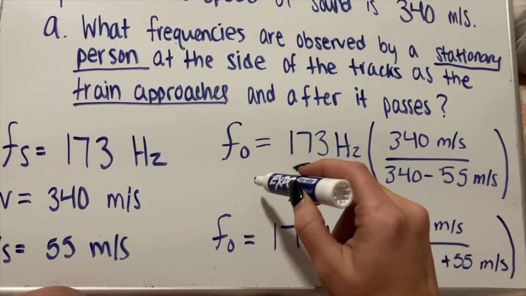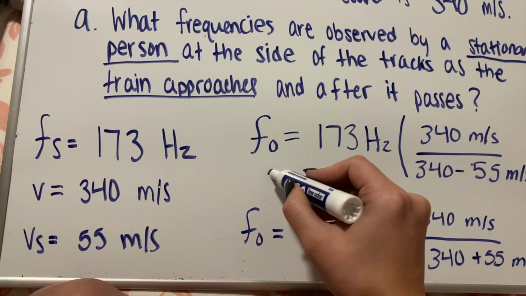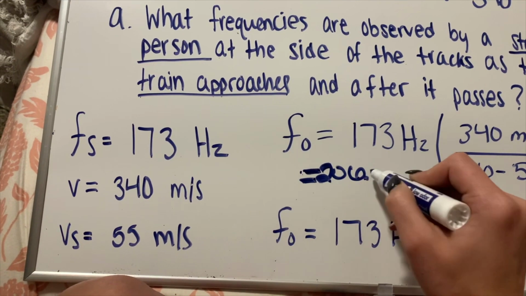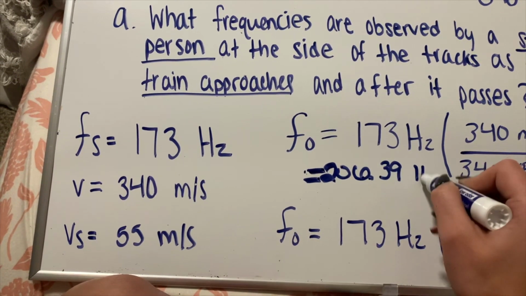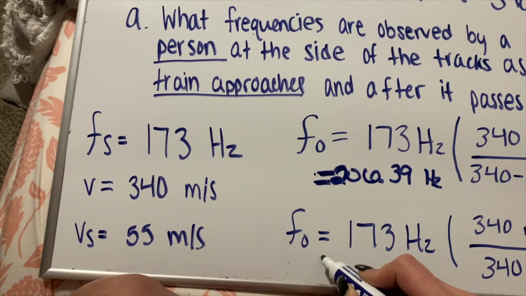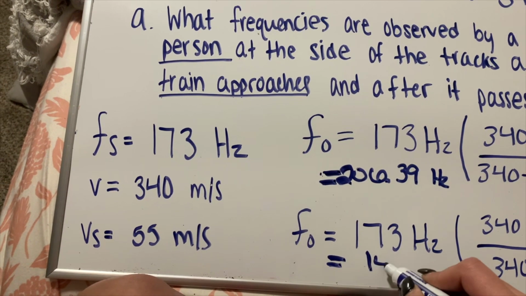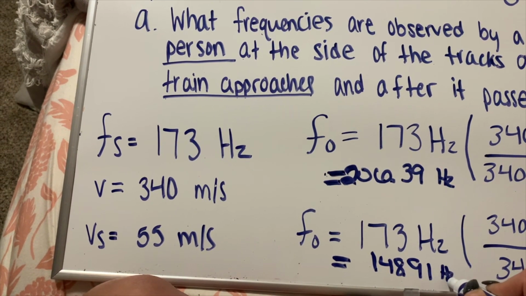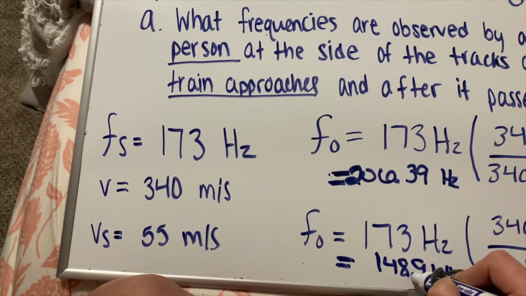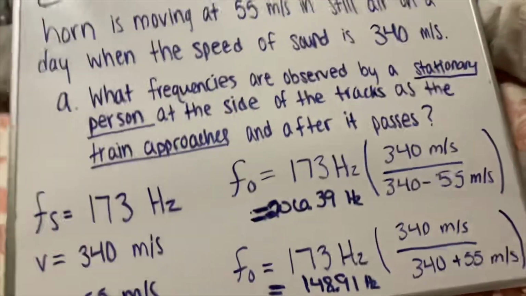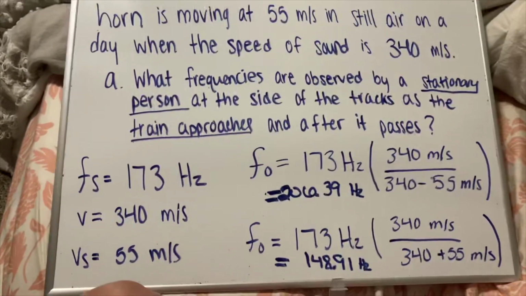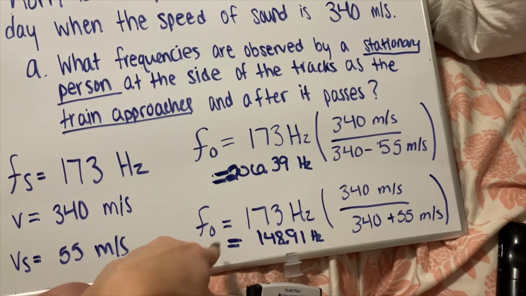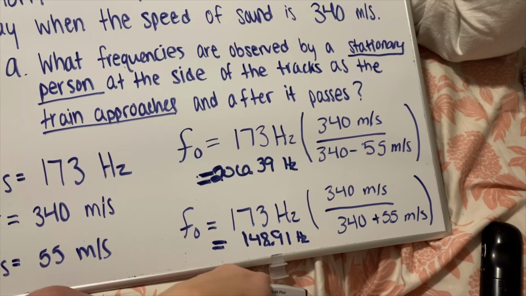For the top one, I got 206.39 Hz, and for the bottom one, I got 148.91 Hz. Based on the picture, that should make sense because as the train gets closer, the frequency increases, and then as it passes and gets farther away, it decreases.